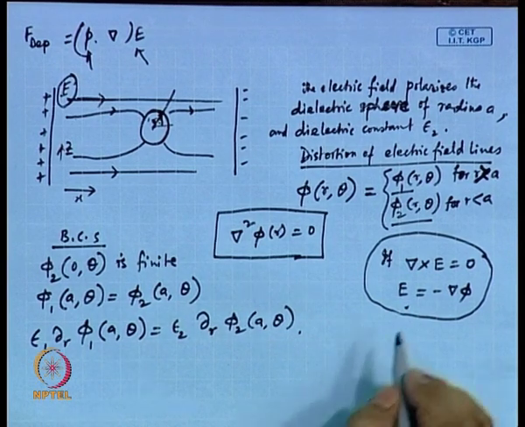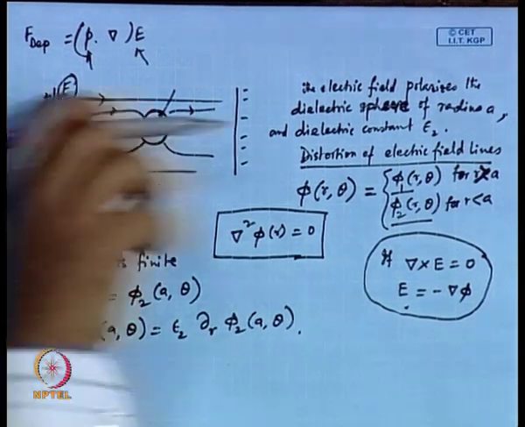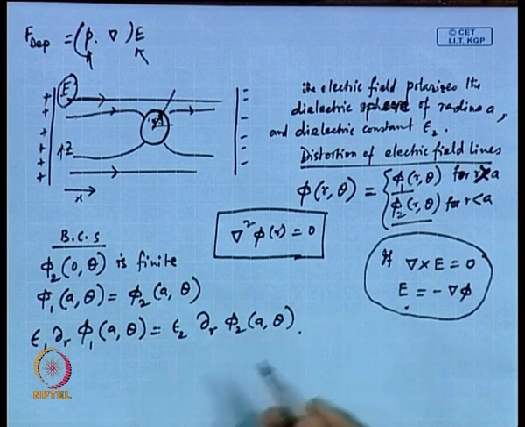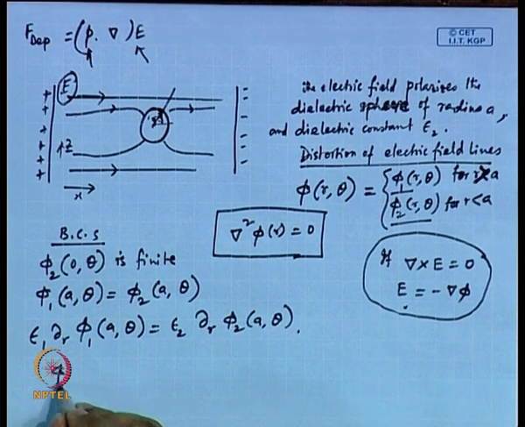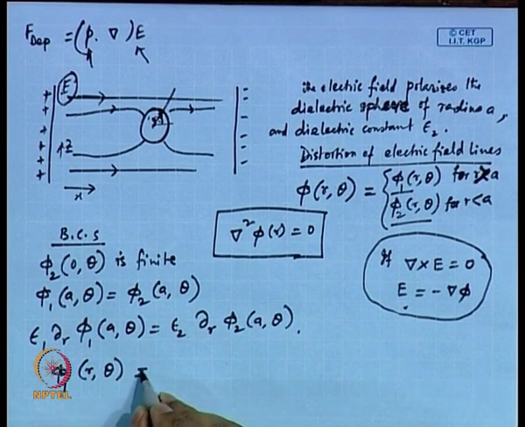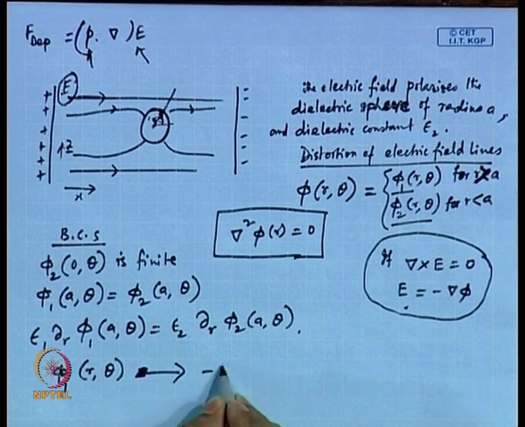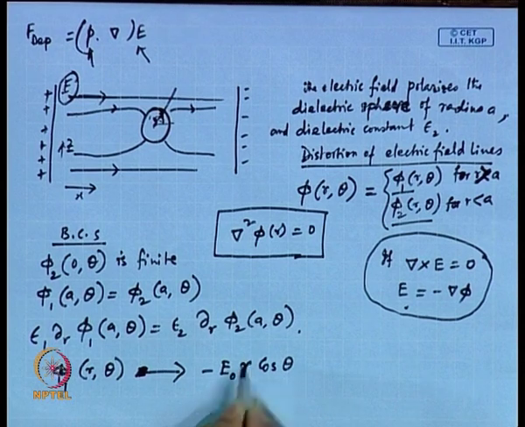Now, how will you satisfy it? Because you are talking about some r theta coordinate here and E is imposed in this direction. So, if you want to do that, what you should be writing here is phi 1 r theta tends to minus E naught r cos theta as r tends to infinity.